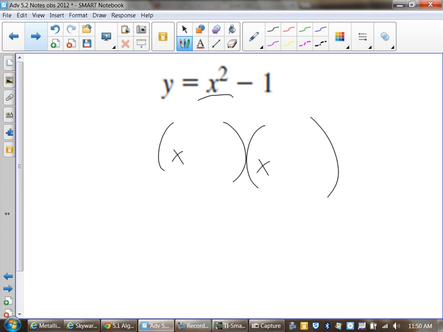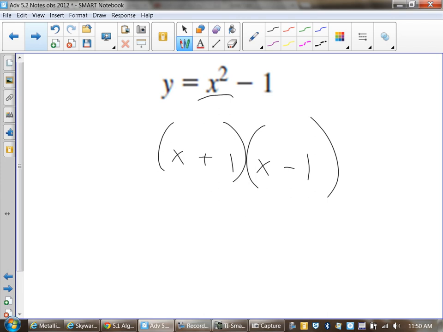What's the square root of 1 then? And you alternate signs. There's only difference of squares, there's no sum of squares.